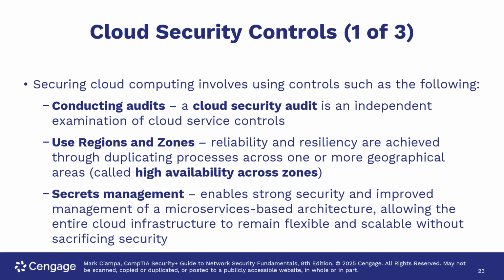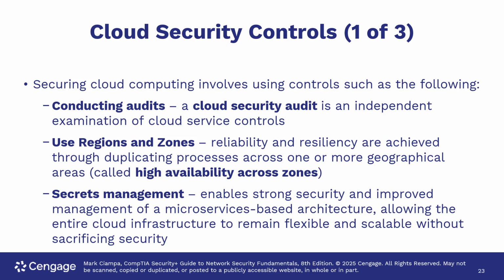On your cloud security controls, you have conducting audits. A cloud security audit is an independent examination of cloud service controls. Use regions and zones. Reliability and resiliency are achieved through duplicating processes across one or more geographical areas, called high availability across zones.